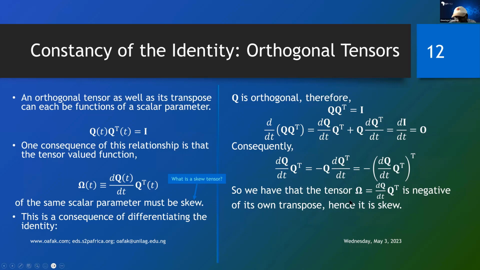Go back to week 7. You will see that we defined a skew tensor there as a tensor that is the negative of its own transpose. So we have proved that the tensor formed by differentiating Q with respect to t, multiplied by its transpose, is skew, where Q is the orthogonal tensor. That is the second result.